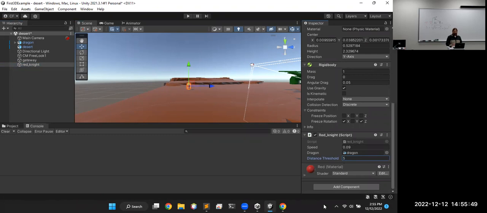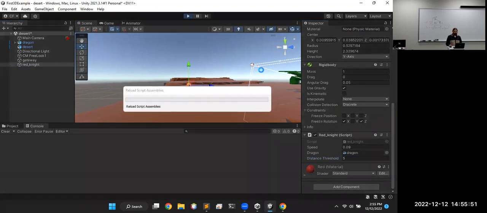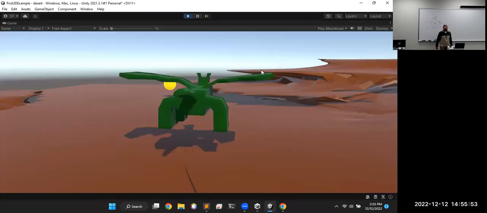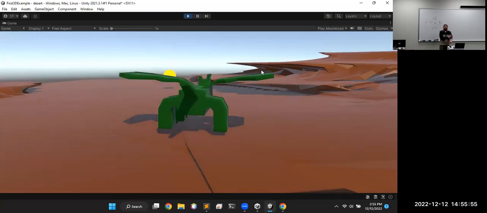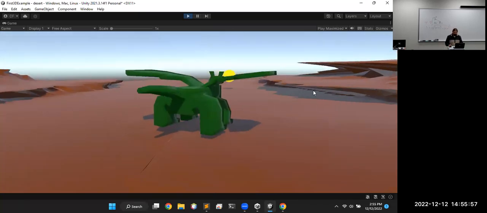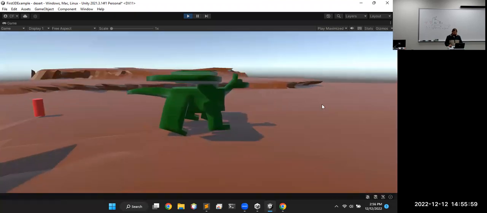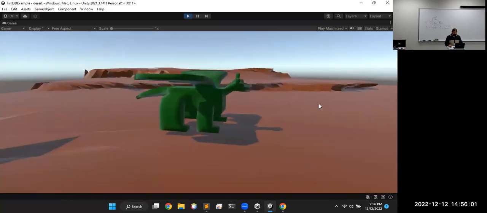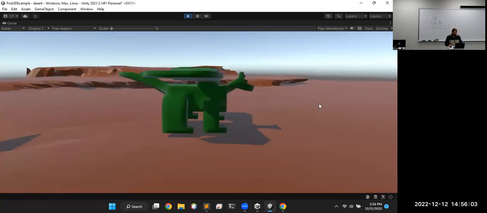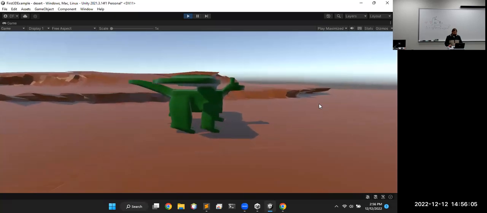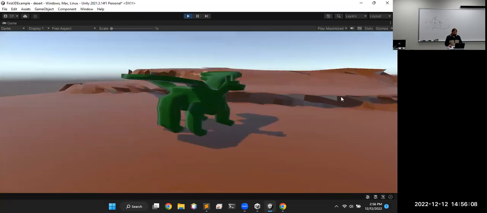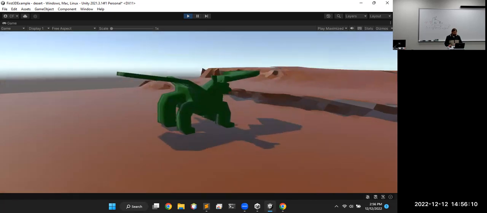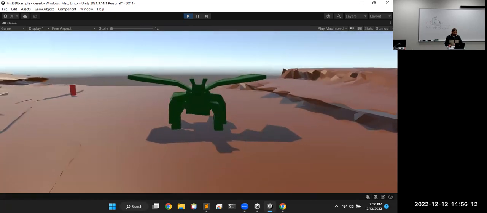Let's see what 5 is. Now we hopefully have to get pretty close before the knight starts chasing our dragon. Okay, so he's still just kind of going in a big circle. Where'd he go? Oh, there he is.